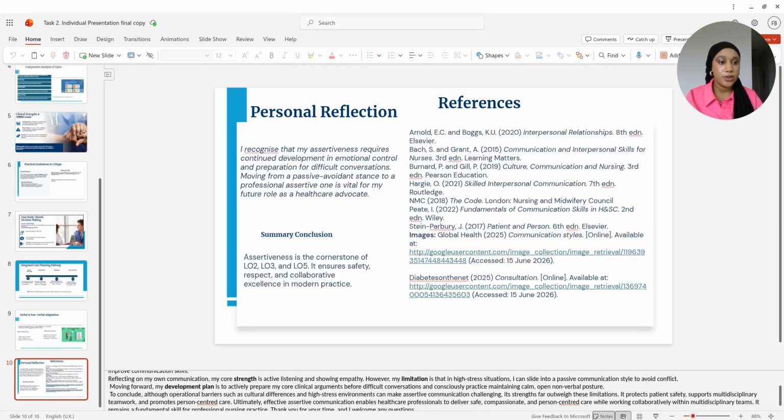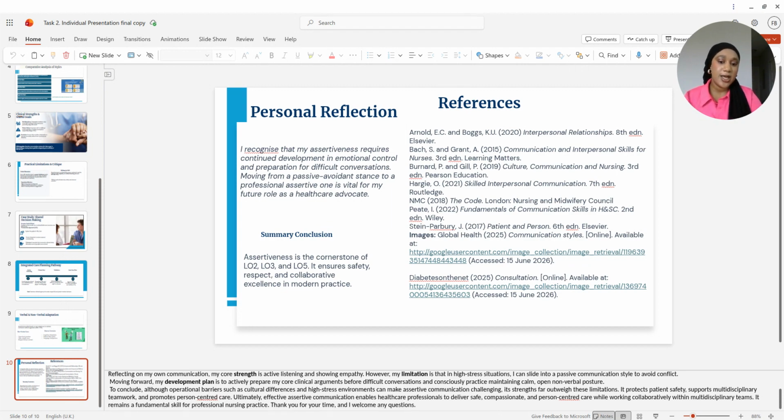To conclude, although operational barriers such as cultural differences and high-stress environments can make assertive communication challenging, its strengths far outweigh these limitations. It protects patient safety, supports multidisciplinary teamwork, and promotes person-centered care.